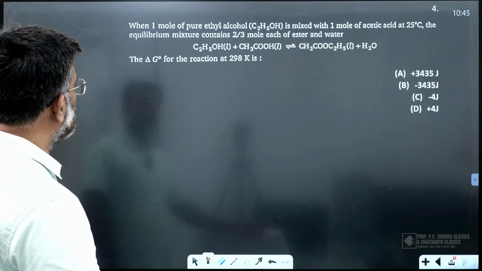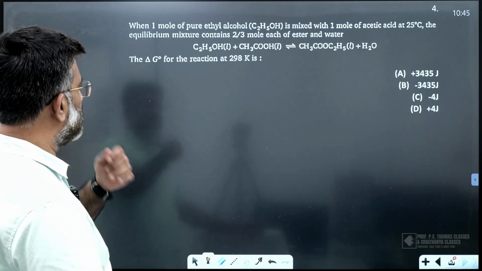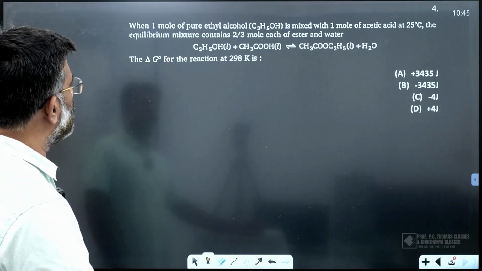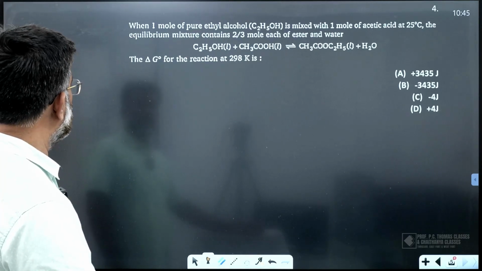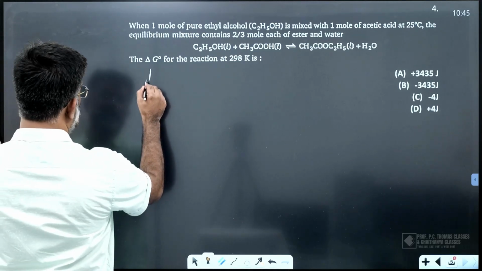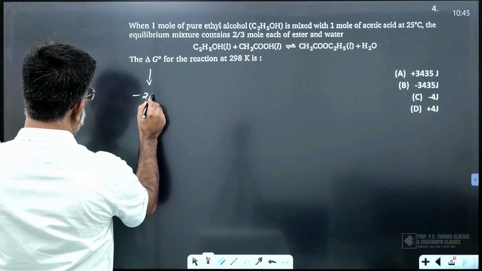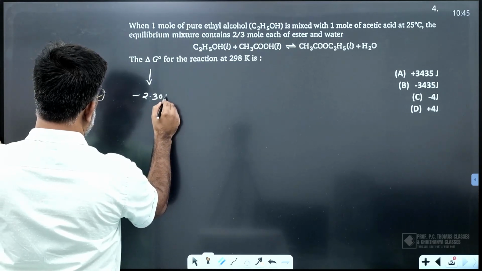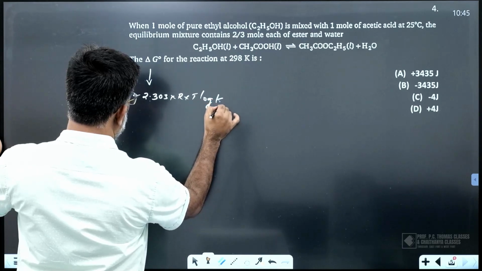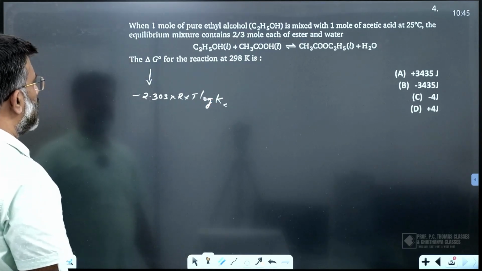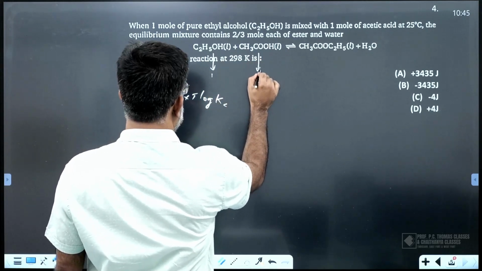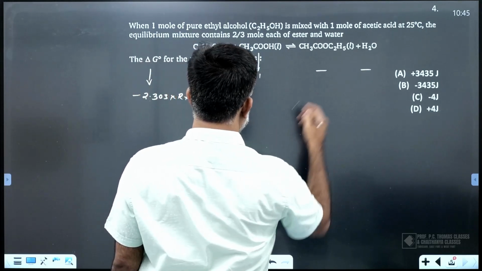When 1 mole pure ethyl alcohol is mixed with 1 mole acetic acid, the equilibrium mixture contains 2/3 mole each of ester and water. Delta G for the reaction is simple, no? Delta G will be minus 2.303 R T log Kc. So once you get Kc, you get the answer. This is taken 1 mole, this is taken 1 mole, 0, 0.